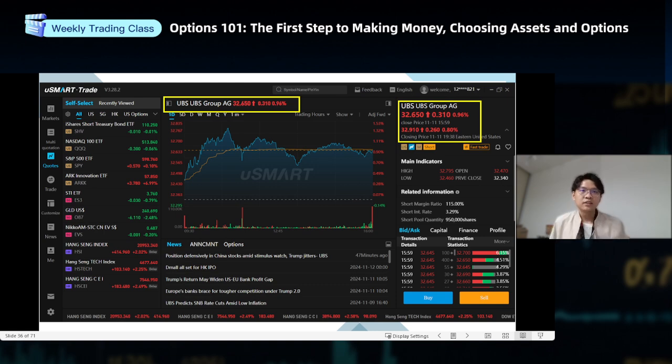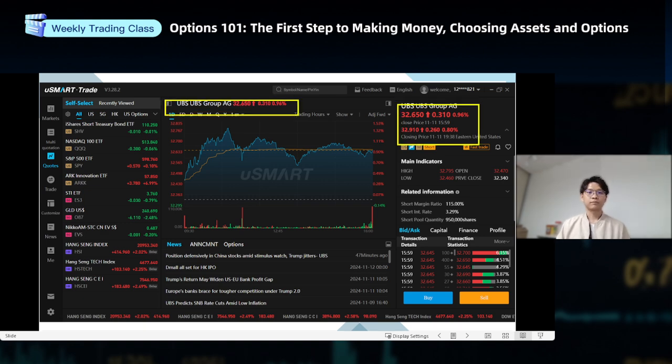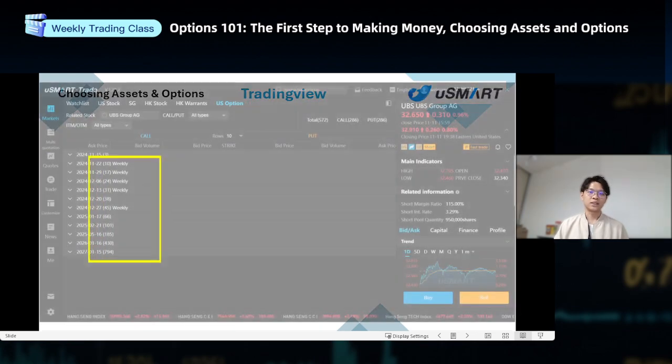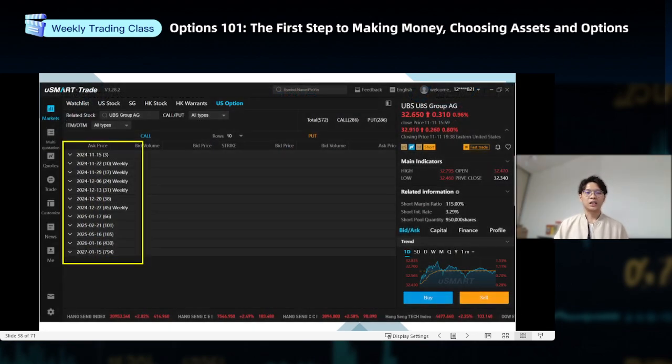You can check whether you are looking at the correct stock, and make sure that yes, in this case we are looking at UBS. Then at the bottom, you can click on the options, and there's a more selection there. Click on more to access the list of options available. In this list, you can see the total available options for us to choose from, and we need to choose among all of those.